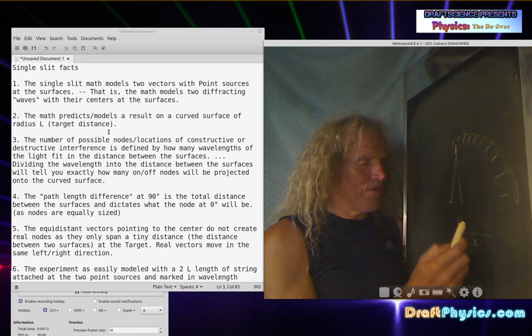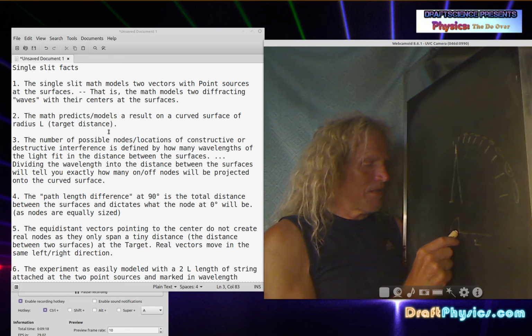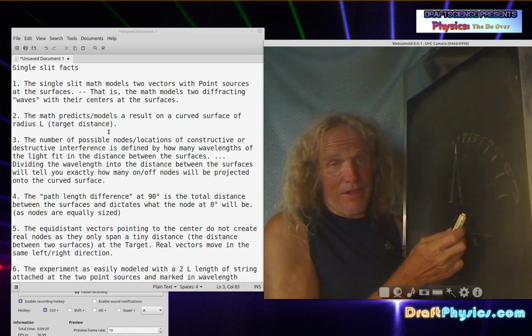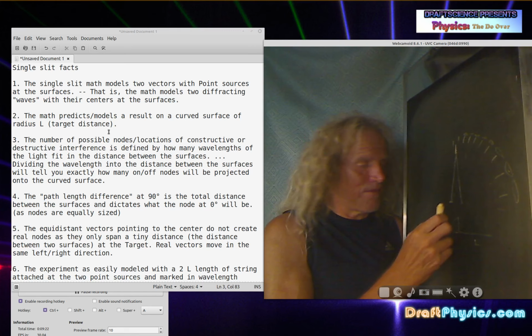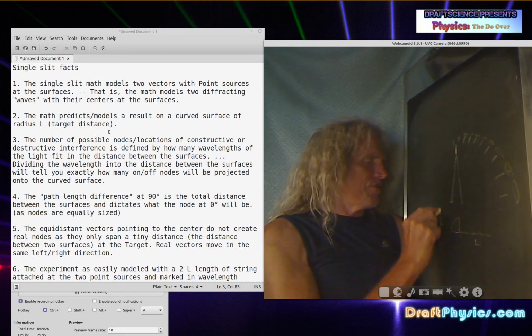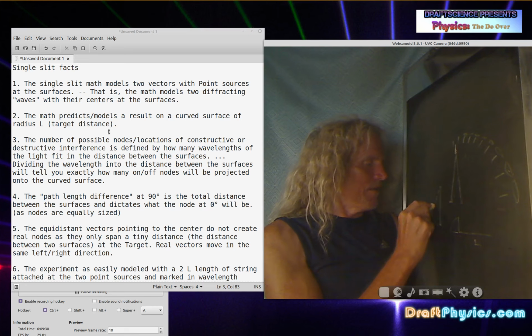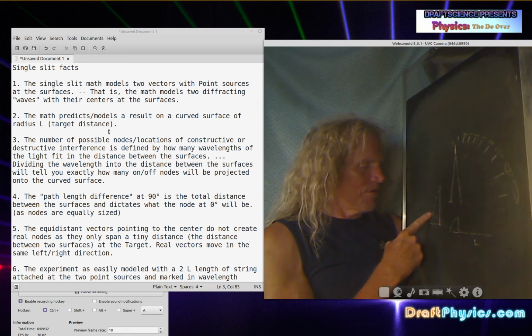It gets longer because you're basically just changing this position. You're changing this from a line going this way to a line going that way, or vice versa if you have it pointing up this way. You're just changing this base, and then this is your line that's going to get longer.